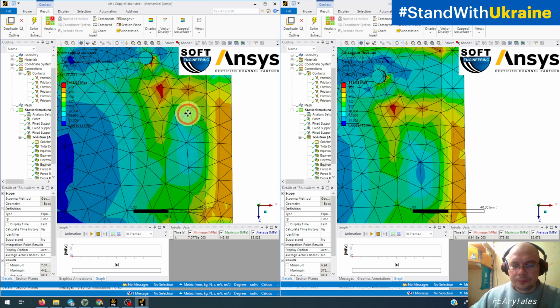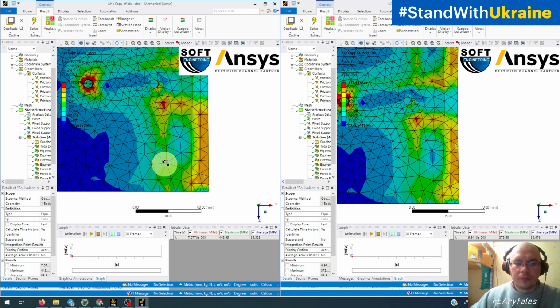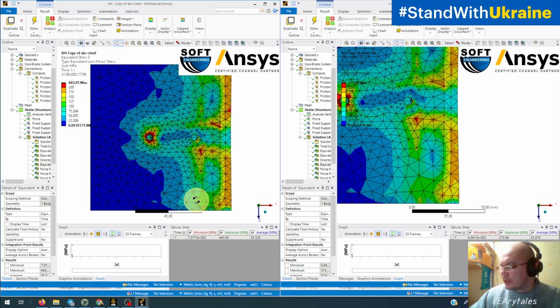So it means that if our construction is created from different materials with different stiffness, with different elasticity model, with different Young's modulus, we cannot calculate the whole construction with one material, because we will have a very big problem with the accuracy of our results.